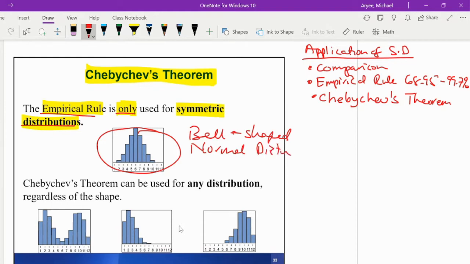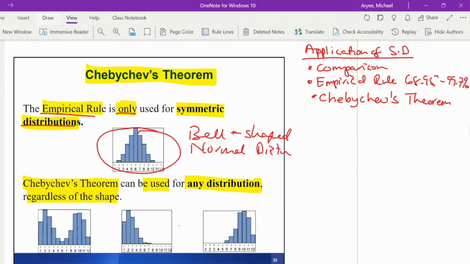The Chebyshev theorem can be used for any distribution regardless of the shape. It could be any distribution. The shape could be skewed.